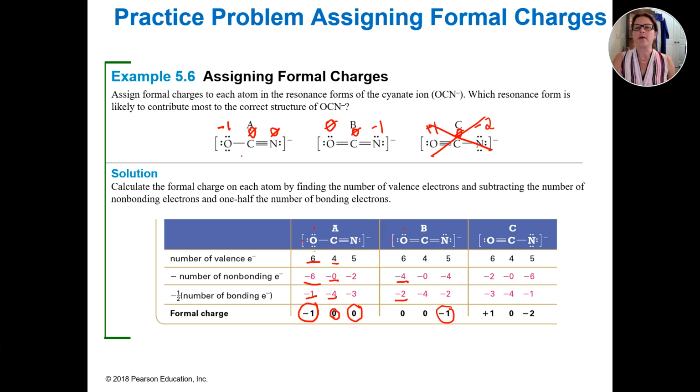Okay? A and B, they have the same amount of formal charge. Both have a total of -1 and -1. So that's not bad. It's at least negative. But in structure A, that negative is being carried by the most electronegative thing. Therefore, A is favored over B. And A and B are both favored over C. Could B occur?